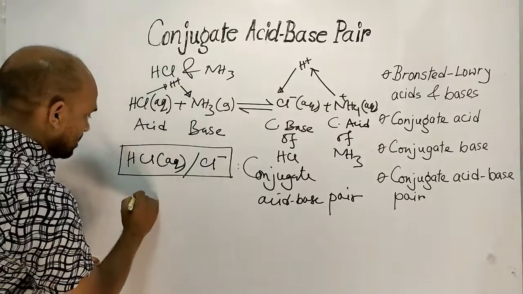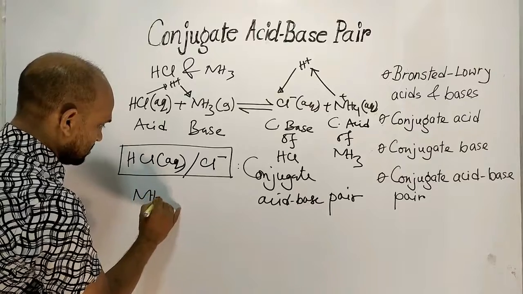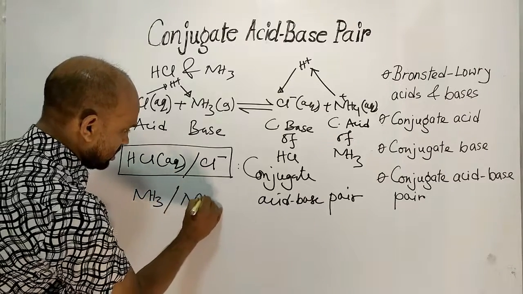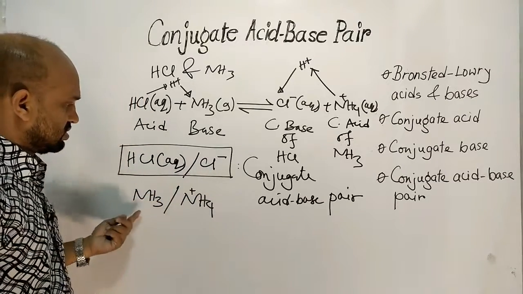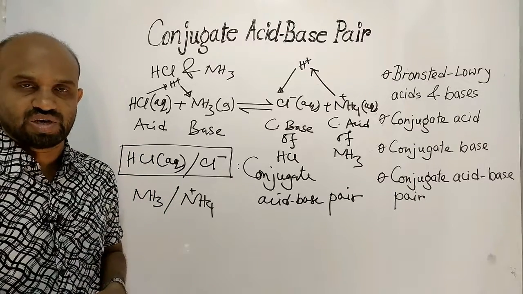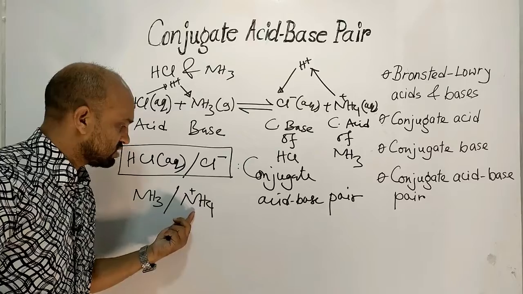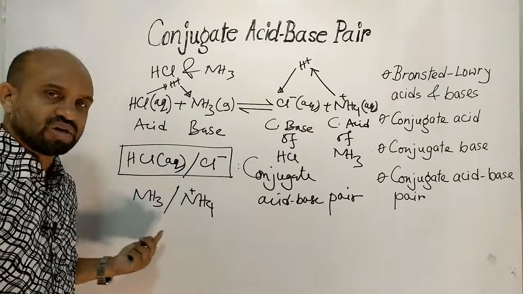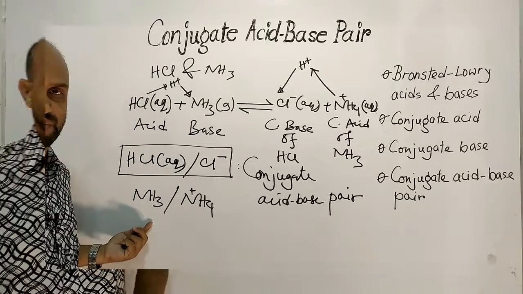Again, ammonia and ammonium ion, this pair is also a conjugate acid-base pair. This is the conjugate acid, this is the base. This pair is a conjugate acid-base pair.